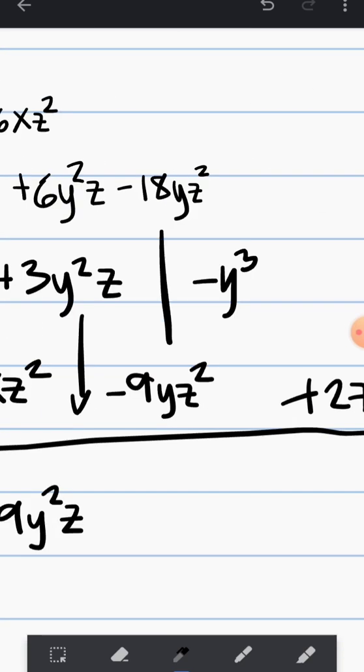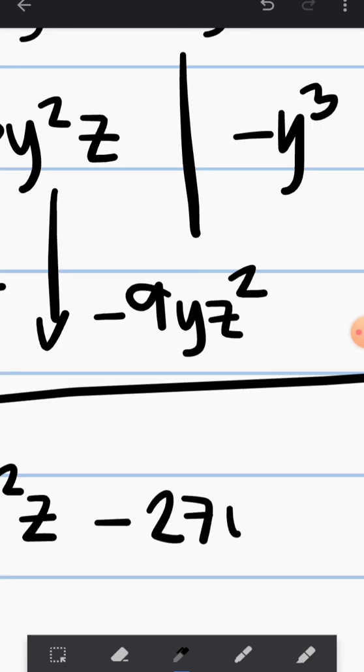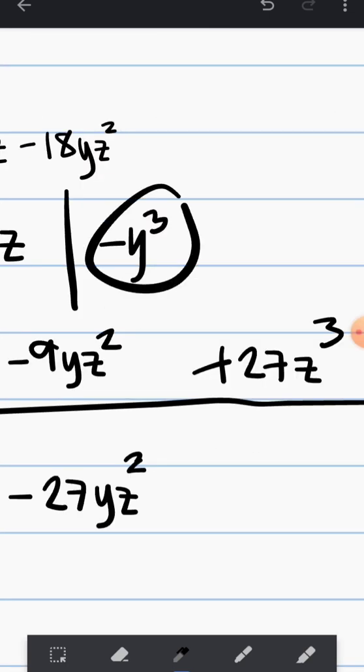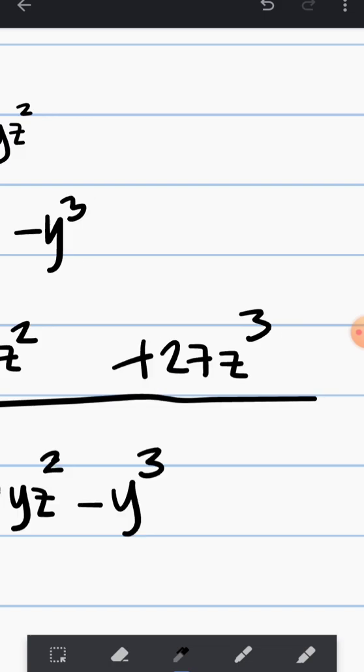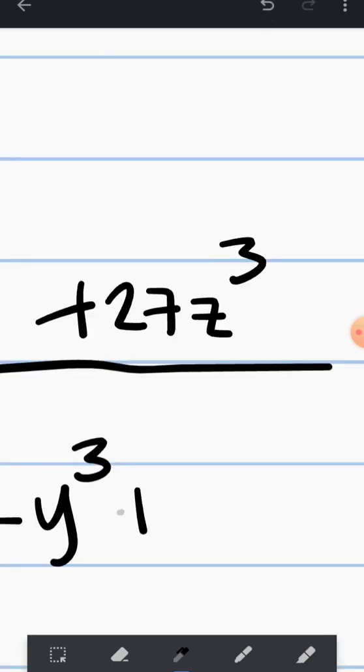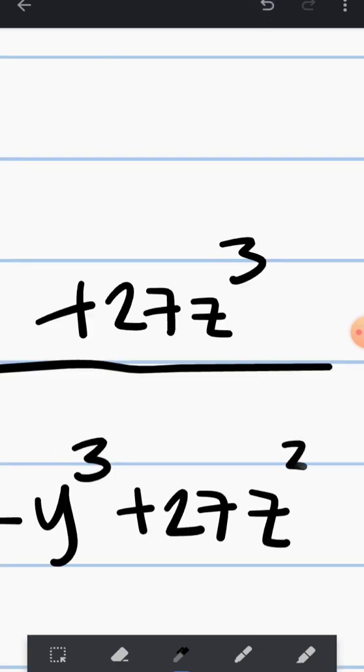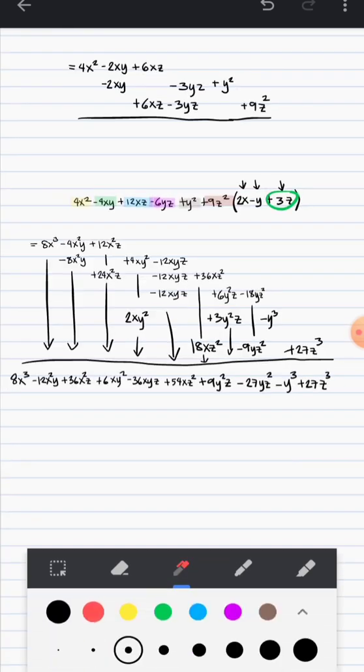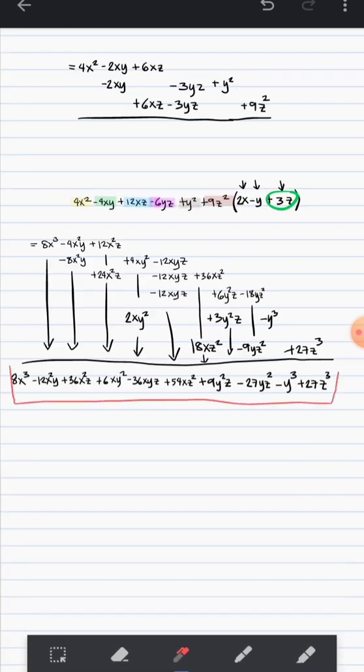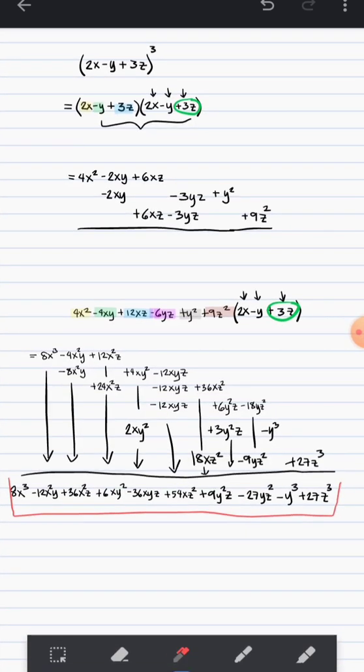And negative 18 and 9, that's negative 27yz squared. Negative y cubed, and 27z cubed. Alright, and this very long polynomial here is the answer.